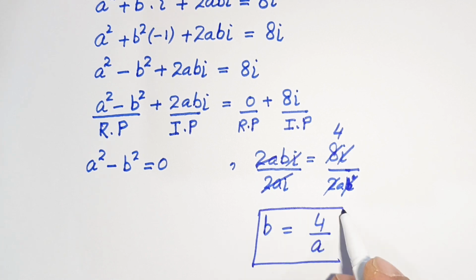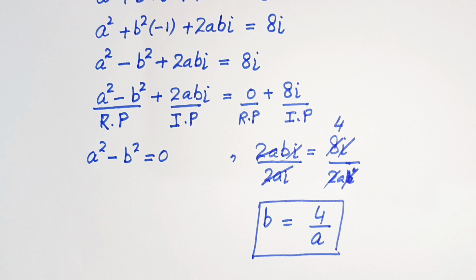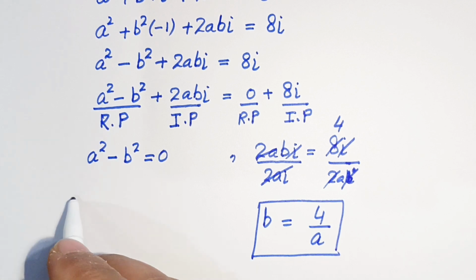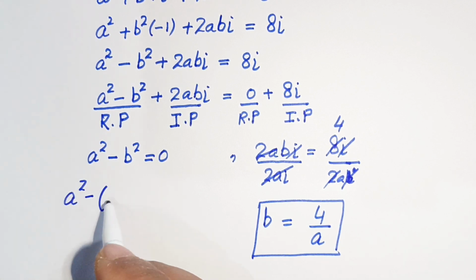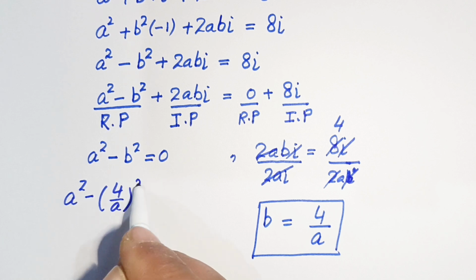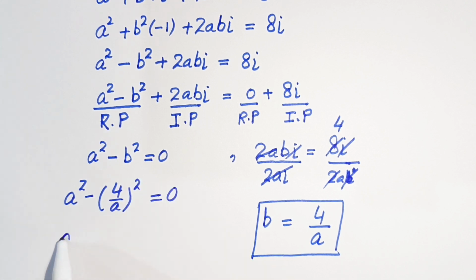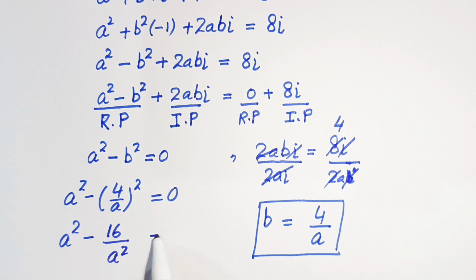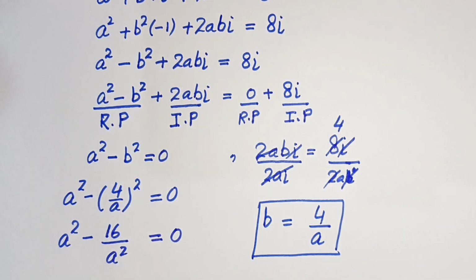This value of b, we are going to put in place of b squared. So we have a squared minus (4 over a) whole squared is equal to 0. This will be a squared minus 4 squared, which is 16, divided by a squared, equal to 0.